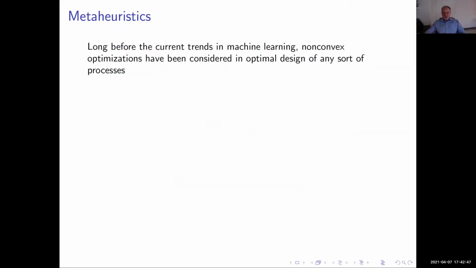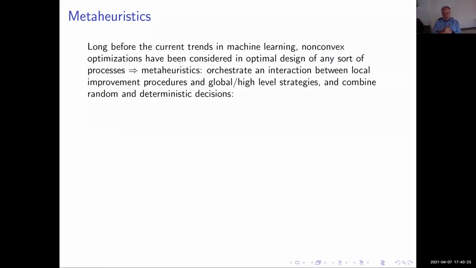However, long before all this hype of machine learning and high-dimensional non-convex optimization, there have been many different algorithms considered in order to realize optimal design of any sort of processes, even the design of a boat or the design of certain kinds of profiles of machines. It was all optimized by using certain kinds of algorithms that fall into the class of the so-called meta-heuristics.